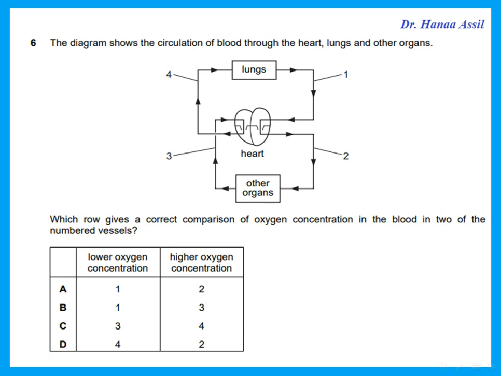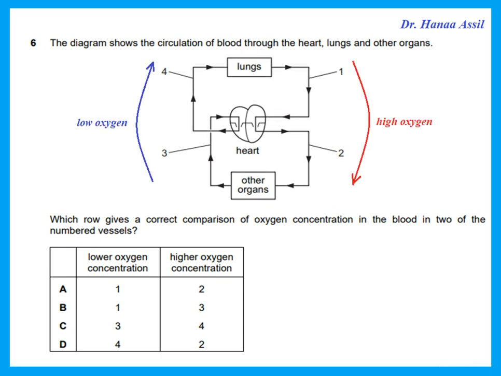The diagram shows circulation of blood through the heart, lungs, and other organs. Which row gives a correct comparison of oxygen concentration in the blood in two of the numbered vessels? So if you look at the direction of blood flow from the organs to the heart, that's what he calls 3, and then from the heart to the lungs, that's 4.